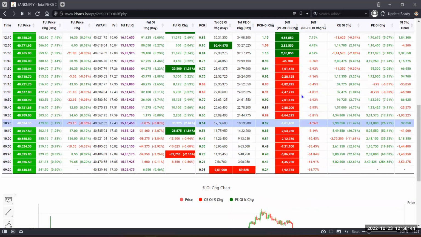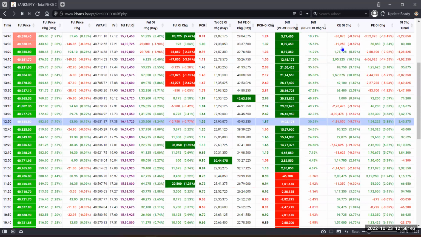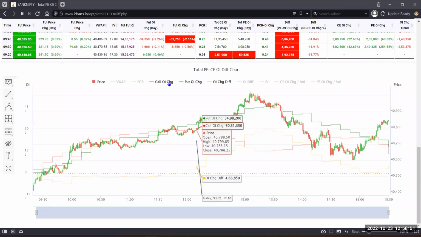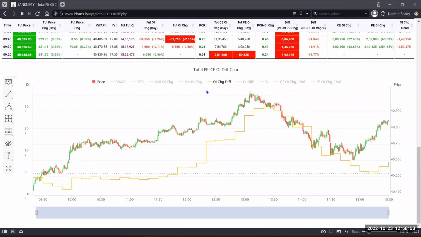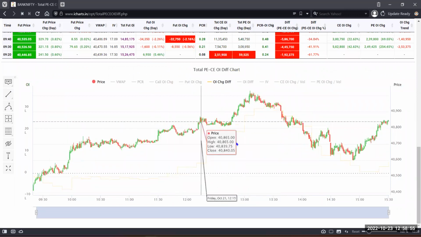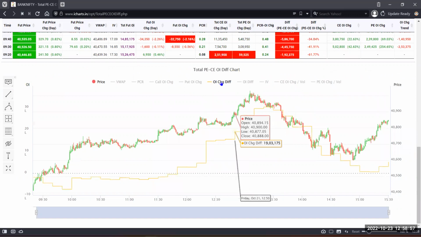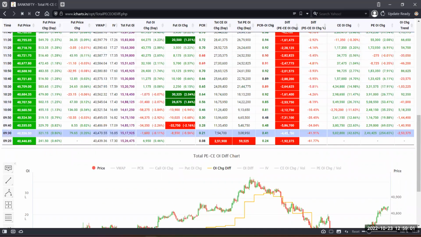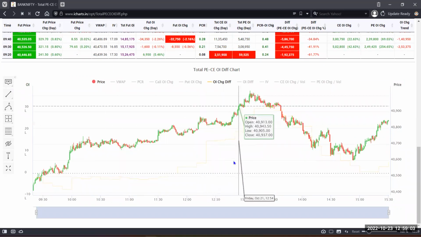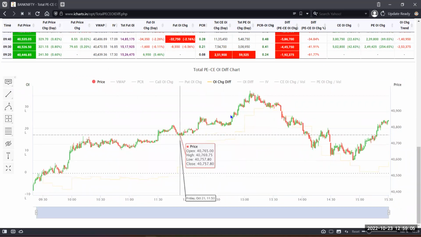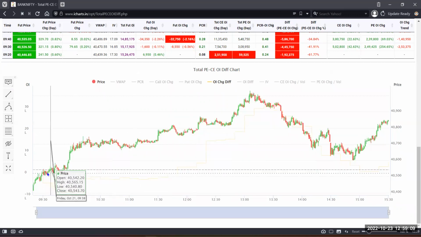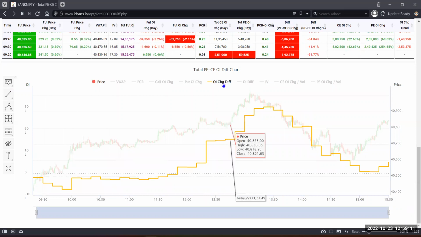Let me go to the OI diff chart, which will plot this line. Let me turn the call OI changes off. This orange line that you see here is this diff column plotted as a line. If it is below 0, then it is negative.